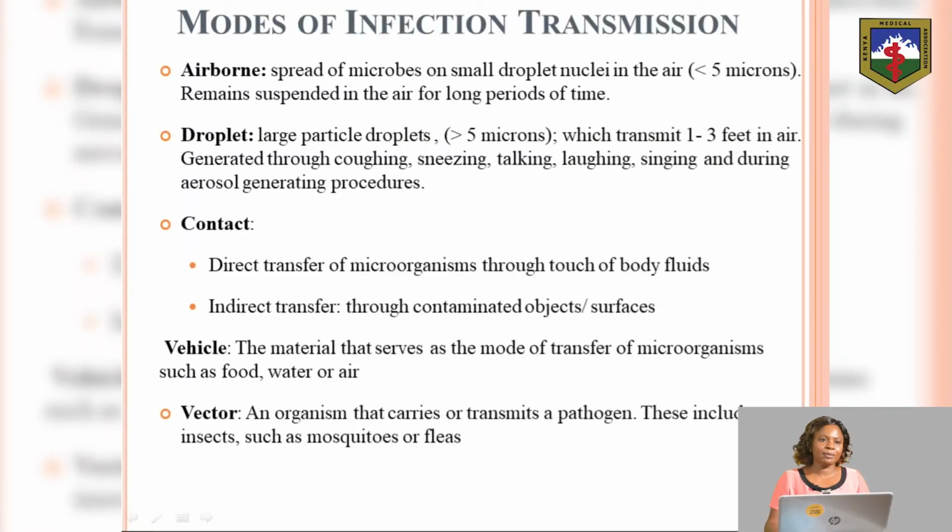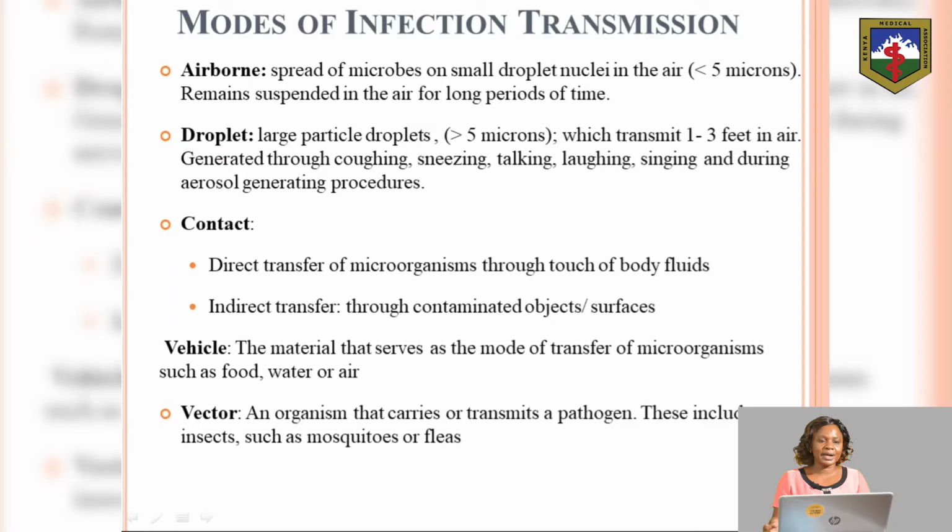And when we say airborne, we mean the spread of microbes in small droplet nuclei in the air, less than 5 microns. It remains suspended in the air for a longer time. The weight is less. When it comes to droplet, like the case of COVID, the droplets are larger particles, more than 5 microns.